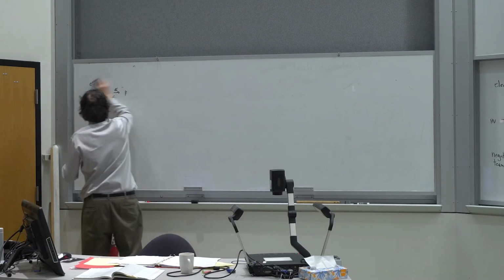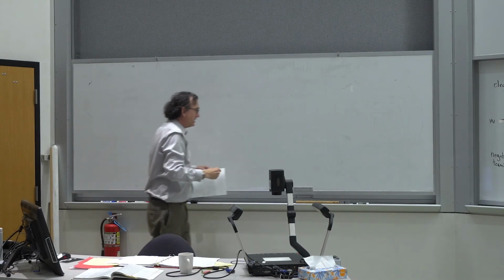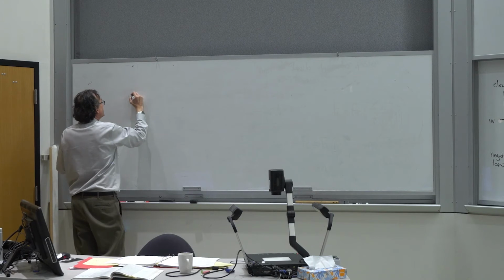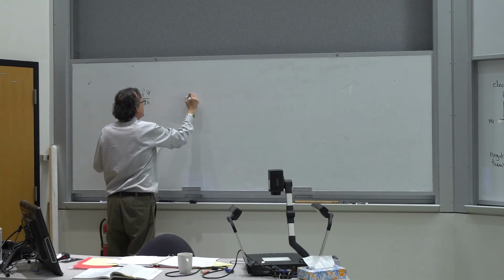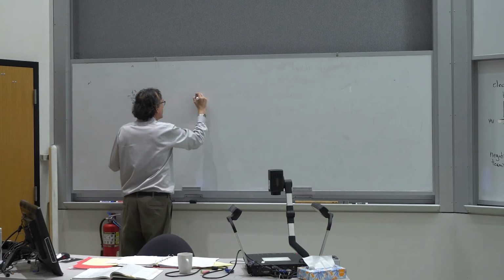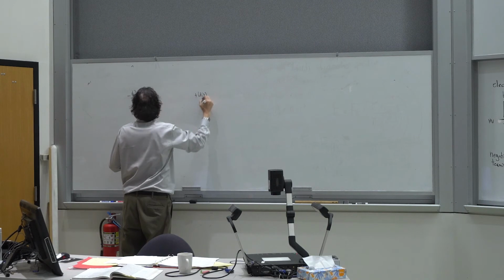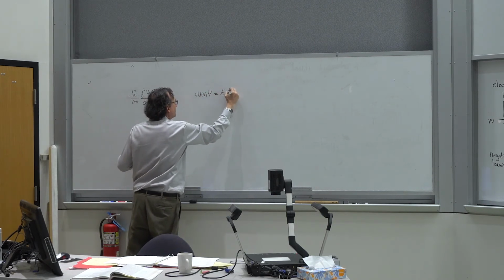can be summarized by saying that, if I were to write this out, the way we did it before is that minus h bar squared divided by 2m times the second derivative of the wave function with respect to x. And then we said there was a potential energy, I'm going to put a space here, I'll show you why in a minute, plus there's a potential energy U of x times psi is equal to energy times psi.